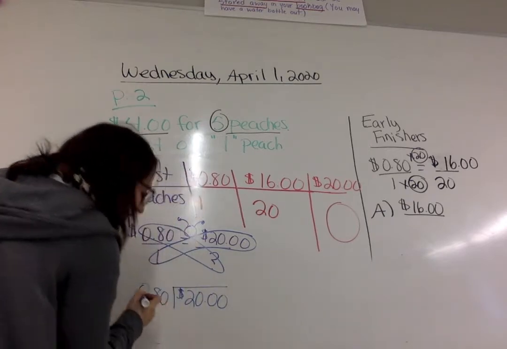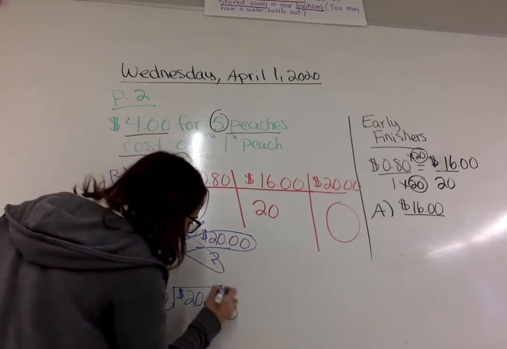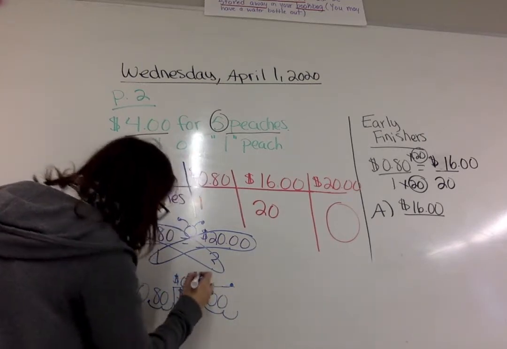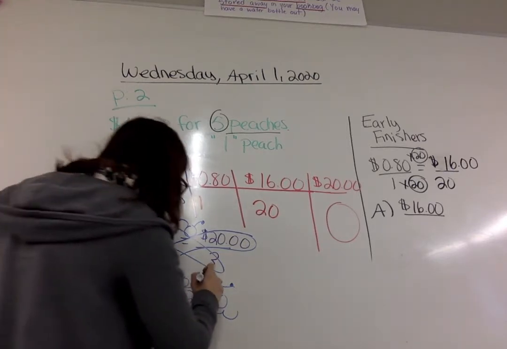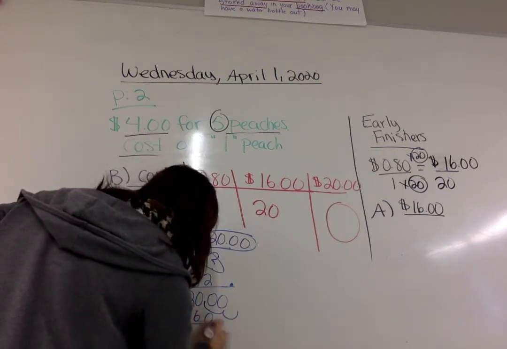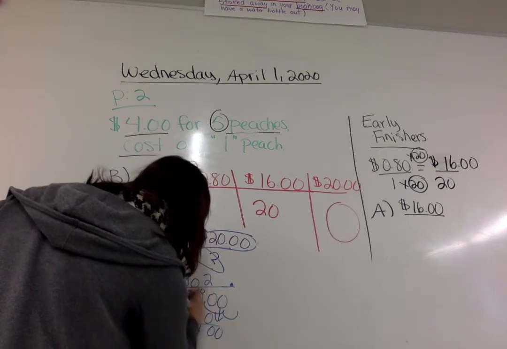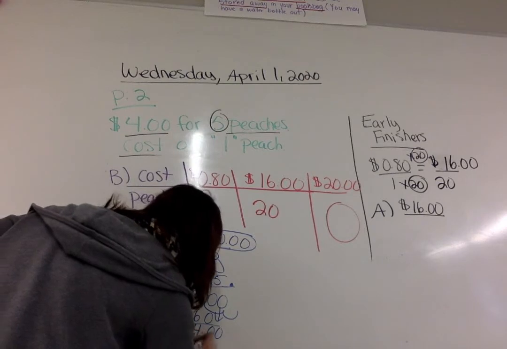I can never have a decimal in the divisor, so I have to change it 2 places over, and this becomes here. 80 goes into 200 2 times. This gives me 160. I'm now left with 40. Bring down the 0. 10. This is 1. So now I need 25 peaches.